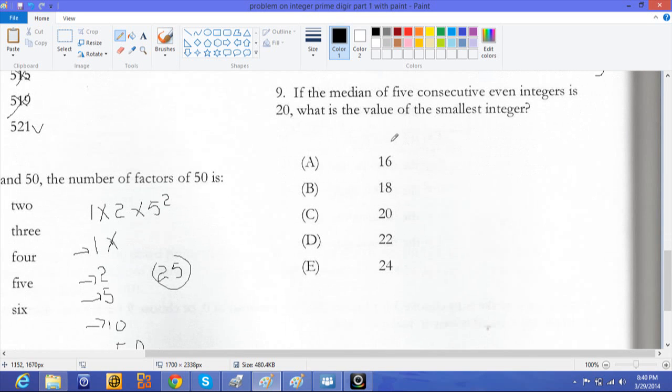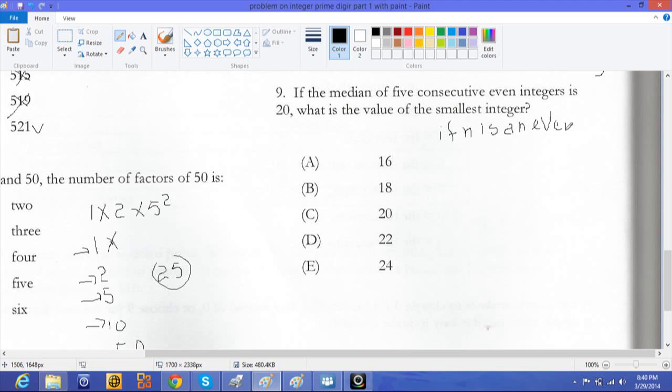They say if the median of 5 consecutive integers is 20, what is the smallest? The same theory. Let's say n is an even integer, okay?